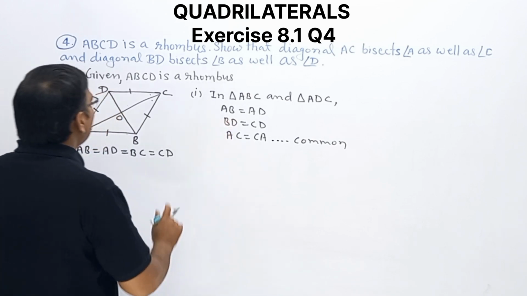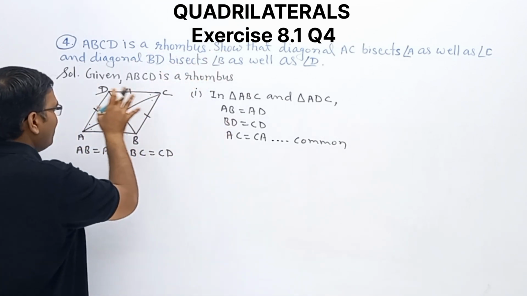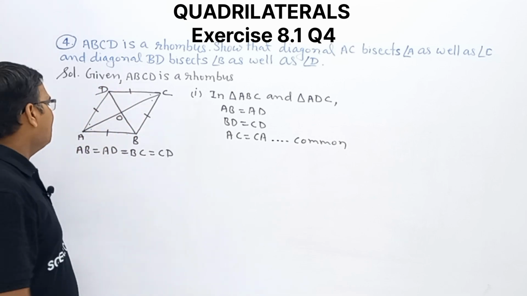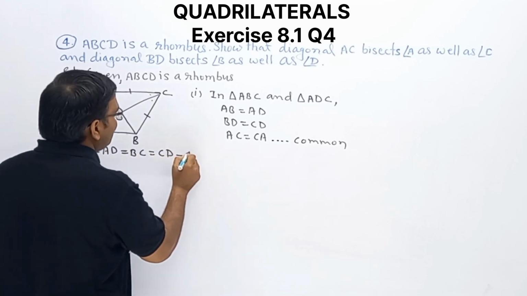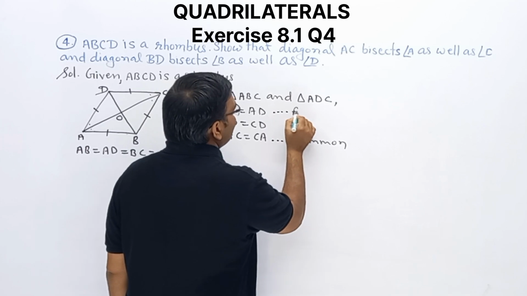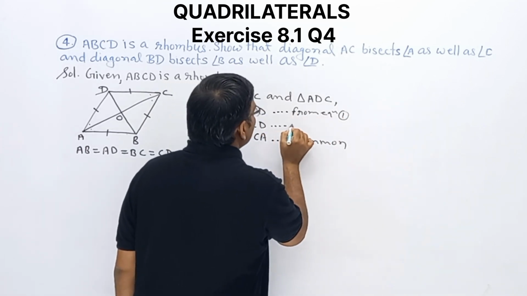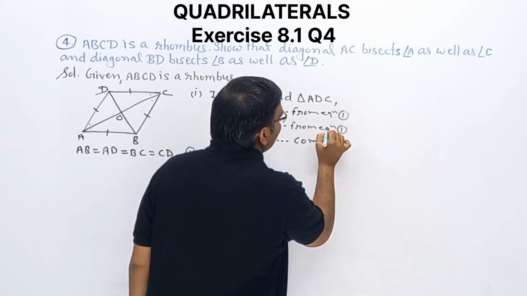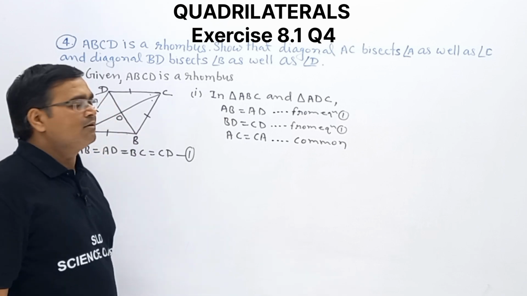Because in the question ABCD is a rhombus, so all sides of this quadrilateral are equal: AB equal to AD equal to BC equal to CD. I am calling this equation number 1. From equation 1, these two sides are equal. So three things we have equated for these two triangles.